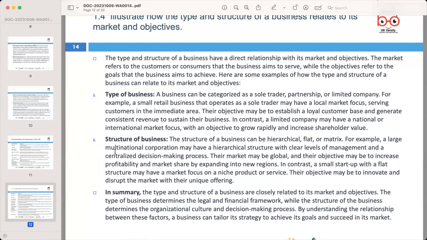Limited companies aim for rapid growth and increased shareholder value, often on a national or international scale. Social enterprises and non-profit organizations focus on achieving social impact with localized or broader outreach strategies, respectively. Understanding these differences is crucial for tailoring business plans and strategies to meet specific goals.